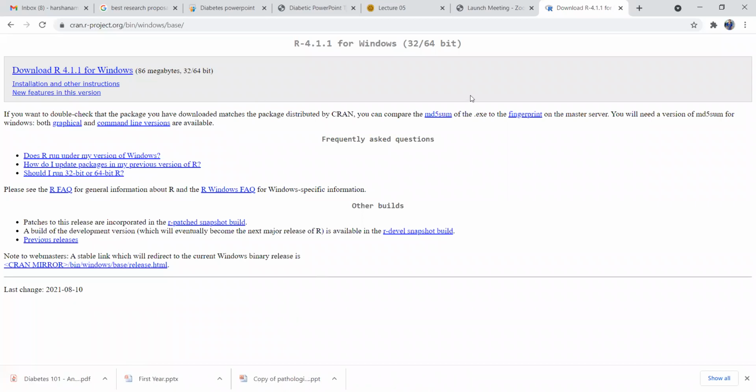When you download this setup, you can just install it the same way that you install other software. You just open this setup, and then you will see that it will install R, and I will show you what will happen after the installation. You can select the language as English.